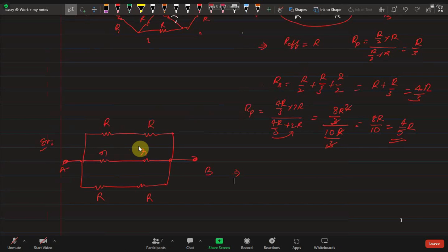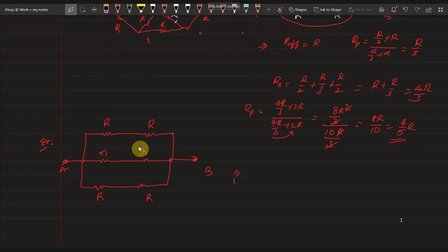Sir, capital R into 2 small r divided by r.